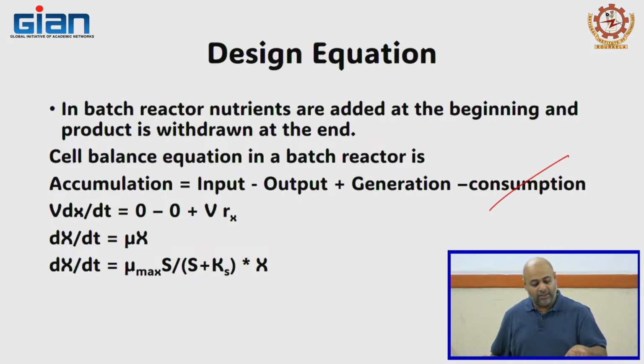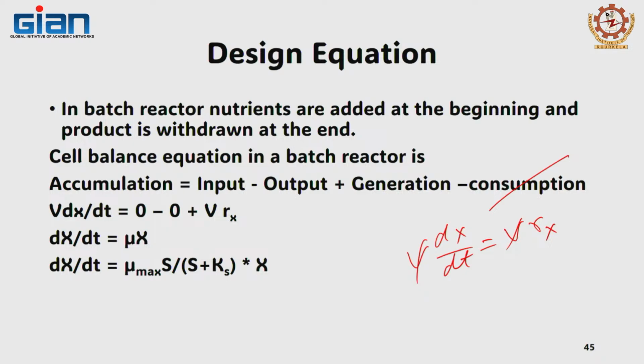We have already done this. So, V dx/dt becomes V Rx, and Rx is mu x.